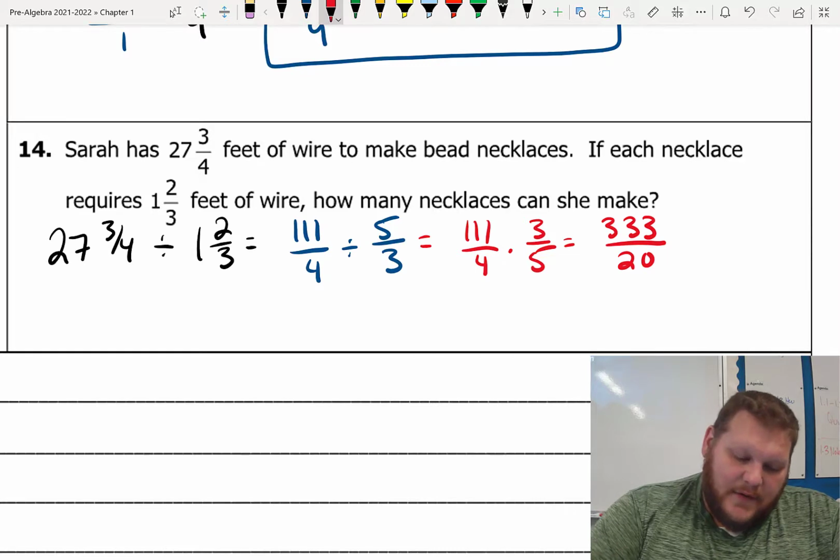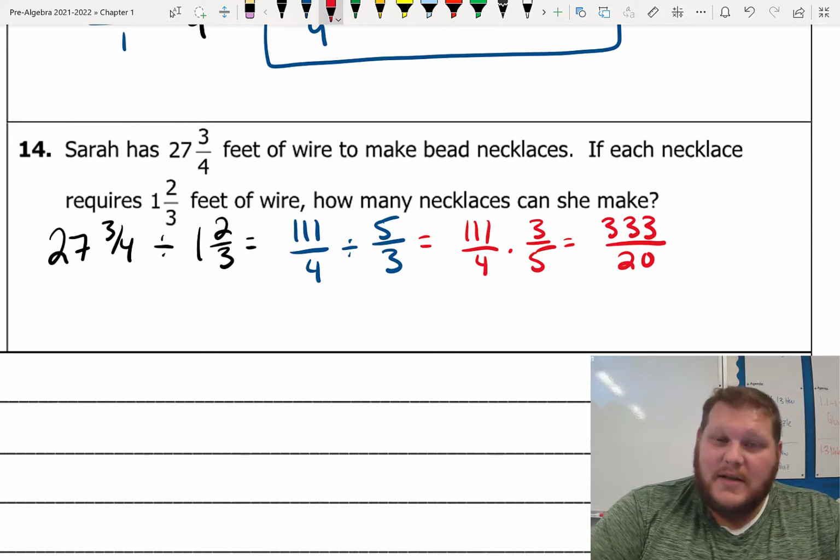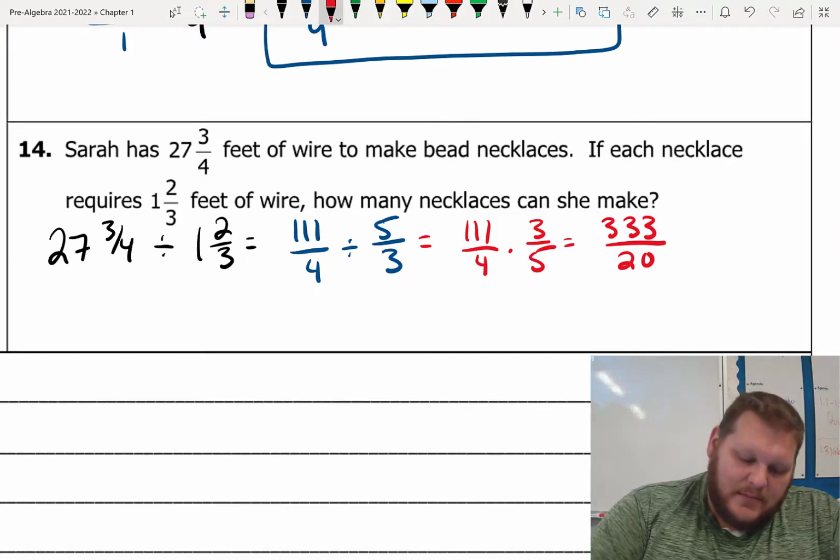Now, I can't leave it as an improper fraction, because the question they asked me was, how many necklaces can she make? And she can't make 333/20 necklaces. We have to figure out how many total necklaces she makes.